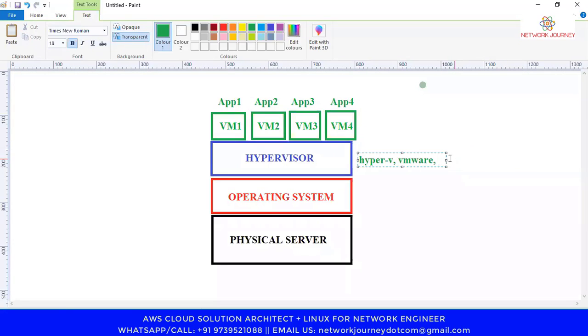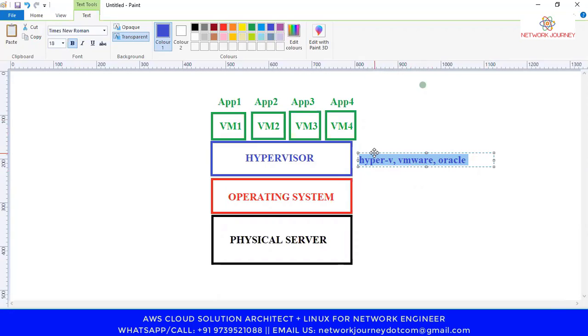So what's the difference between VMware ESXi versus VMware Workstation? VMware Workstation, Oracle VirtualBox. Fine. Hyper-V, VMware, Oracle. Likewise, many more products are there.